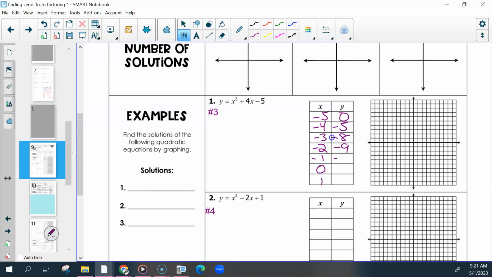And then it repeats. Regina, it does whatever it says on the table, so it may not do that. Plot all of those points, or as many as you can.